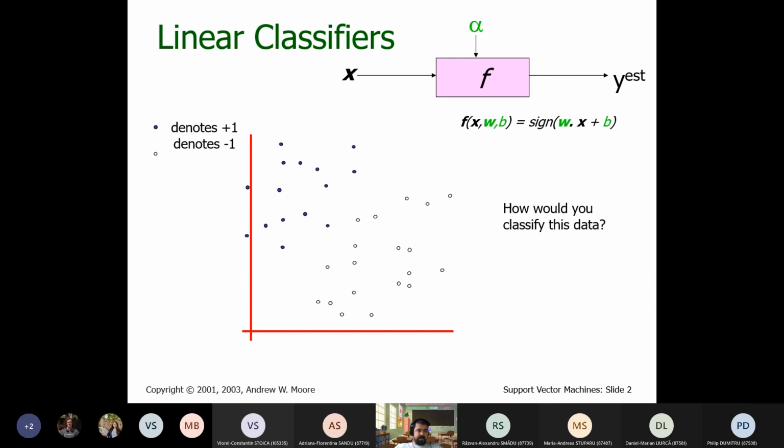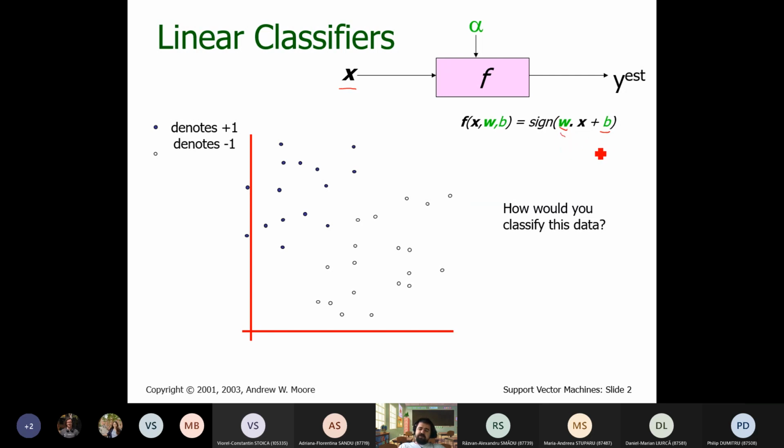So let's see. If you remember, we considered a linear classifier to be a function that received some input vector x, and it computed the sign of wx plus b, where w and b are the parameters that need to be evaluated by the system, to be learned from the training dataset.